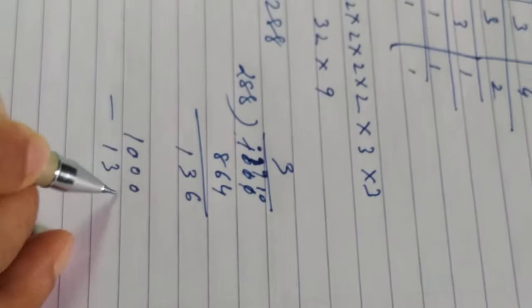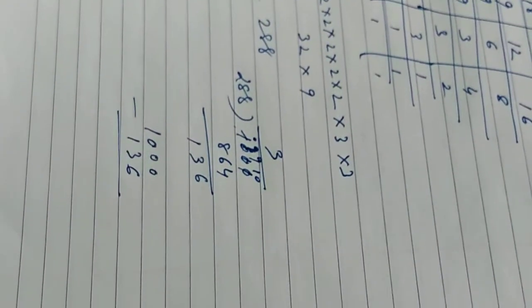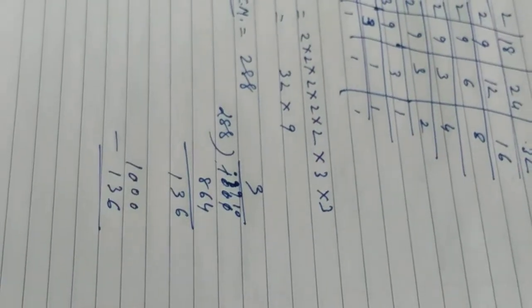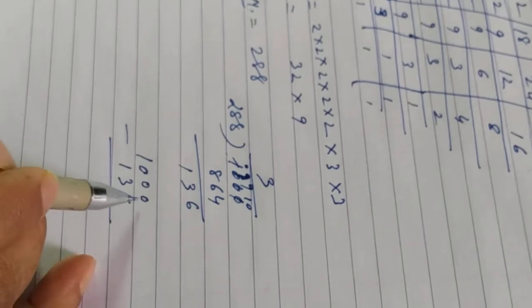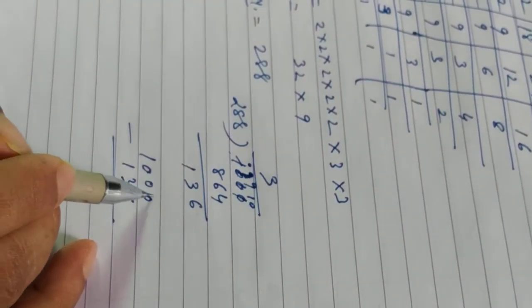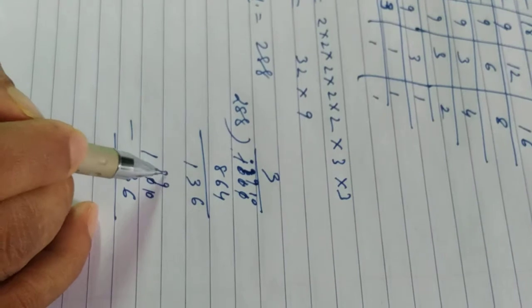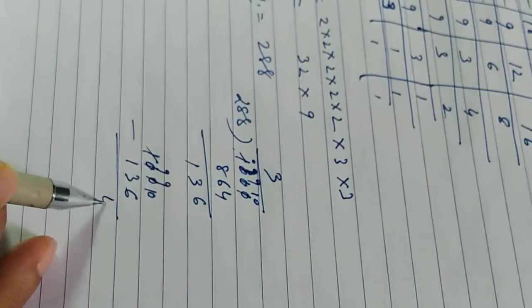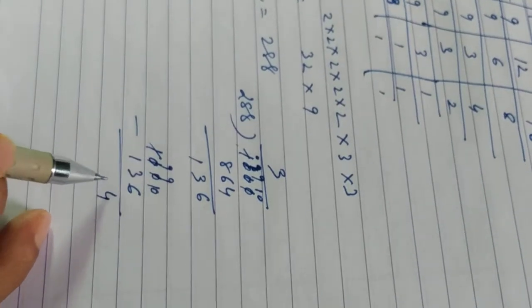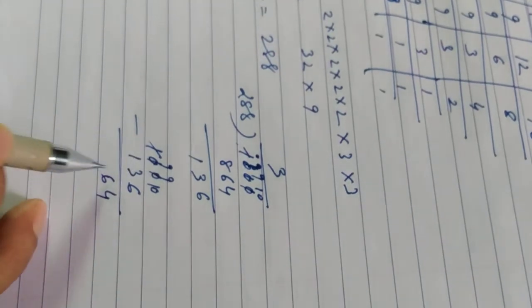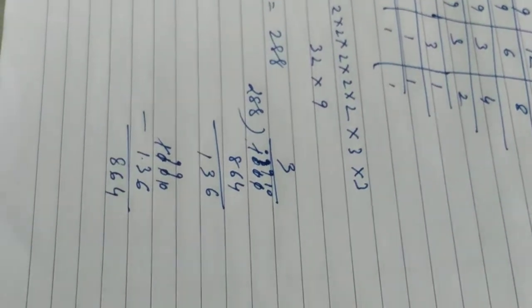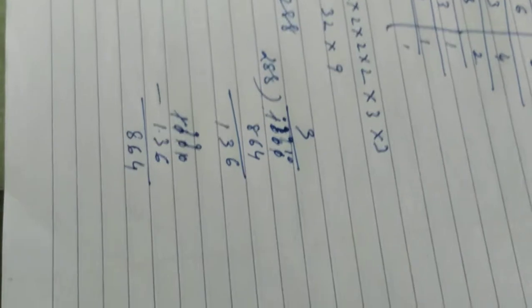So 1000 minus 864 is 136, right? So now 864 plus what?